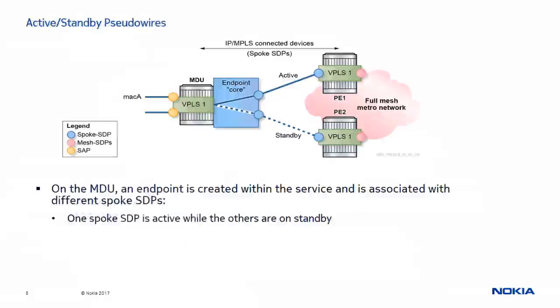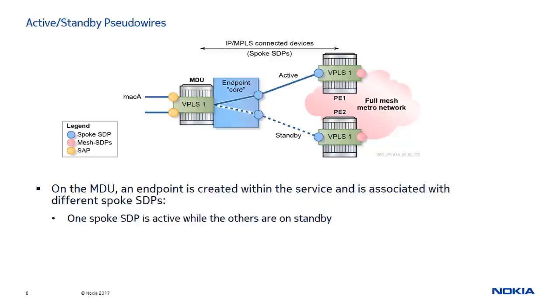Let's now discuss how active standby pseudowire is implemented. On the MDU, an endpoint is created within the service and is associated with up to 4 different spoke SDPs. Only one of the spoke SDPs within the endpoint will be selected as active and will transport traffic, whereas the other spoke SDPs will be in the standby state.